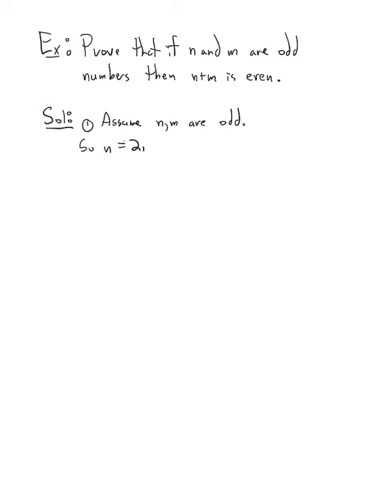So it's going to be 2 times r plus 1, and m is 2 times s plus 1 for some r and s that are whole numbers.